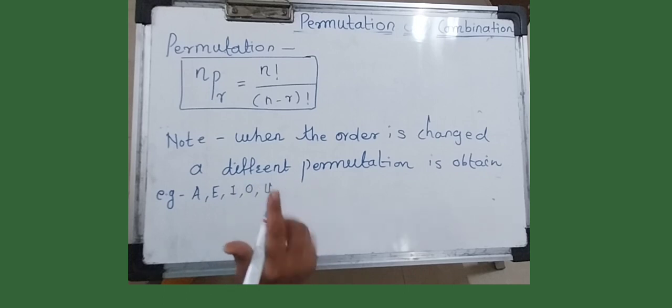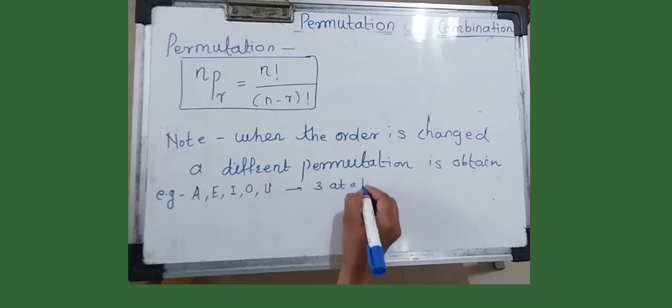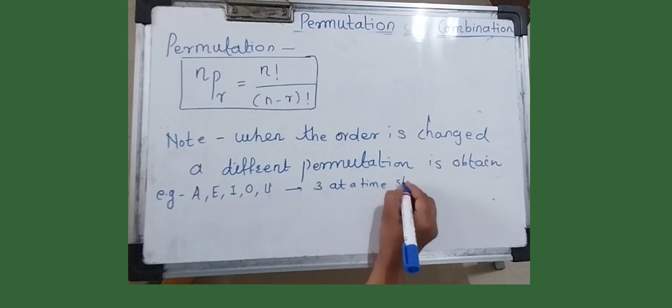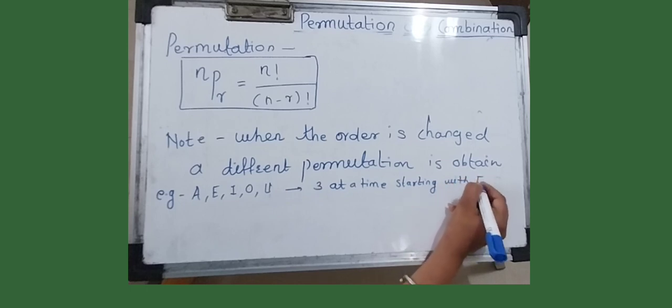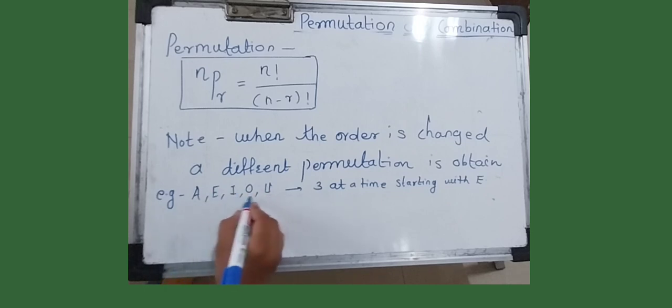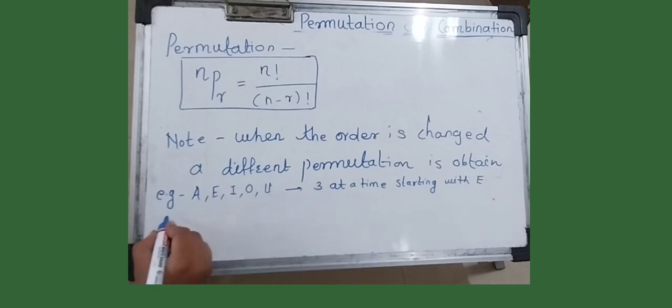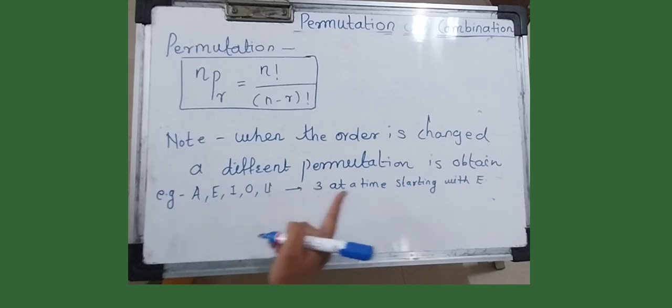Suppose I take 3 at a time, starting with E. Take any 3 from I, O, U, but starting with E. So every result starts with E, but take only 3 alphabets at a time.